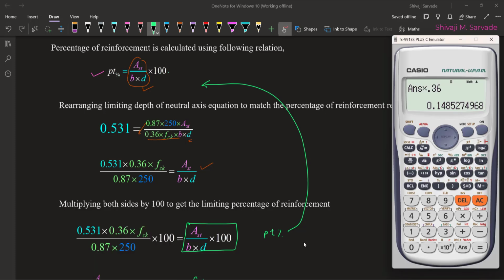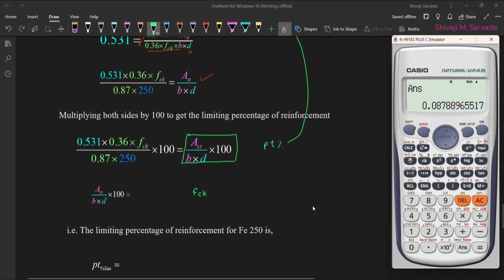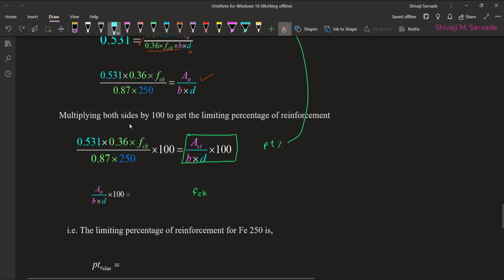So let's do this calculation. We'll have to get the fraction. It is 0.531 times 0.36 divided by 0.87 times 250, and all of this is multiplied with 100. This gives us the answer 0.088. Again I am taking 3 significant digits, and this FCK remains as it is.